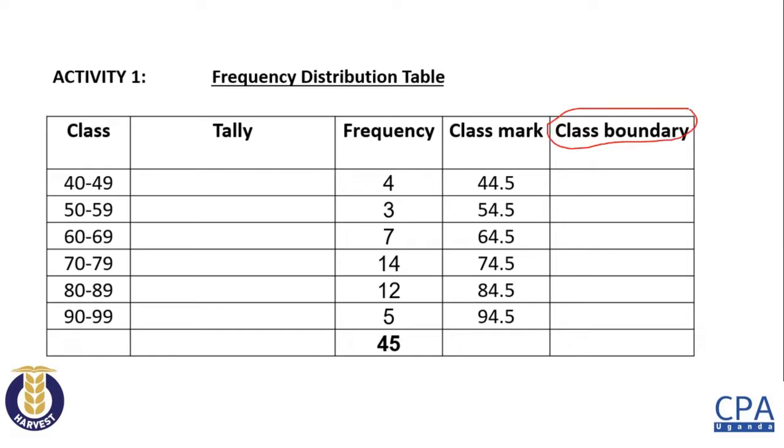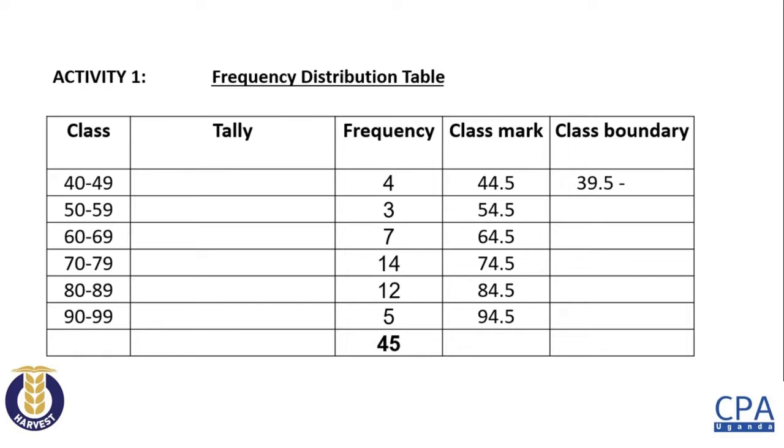So I'm now going to include the class boundaries, and of course in our discussion we mentioned that to get a class boundary you take the lower class limit and subtract 0.5, and if I do that I'm going to get 39.5.